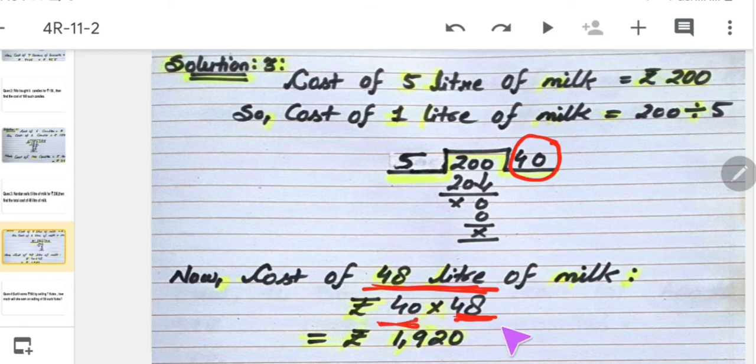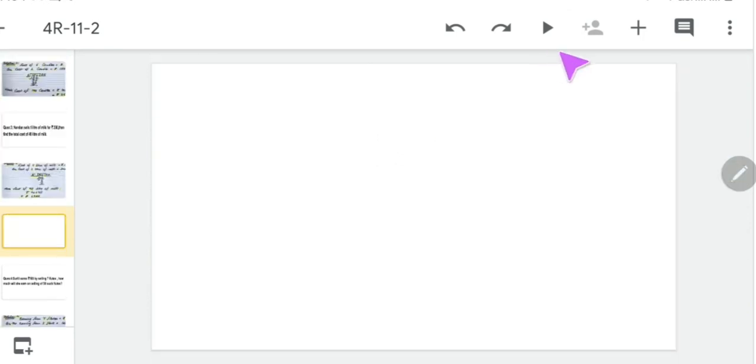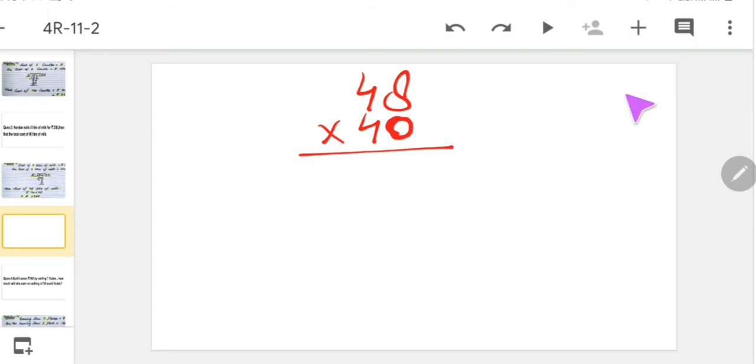So 48 multiplying with 40 gives us the price for 48 liters of milk. Let's see the multiplication. So we have to multiply 48 with 40. Okay. So when we multiply this 0 with this 8, we will have 0. Then again this 0 with this 4, we will have 0.